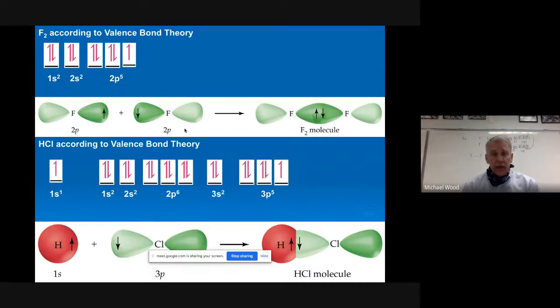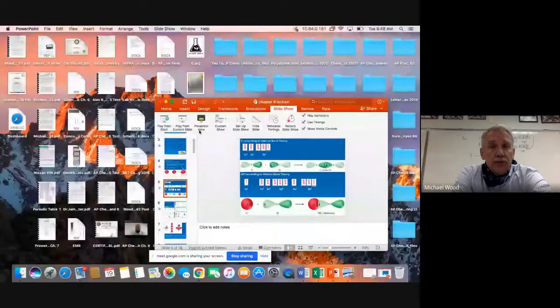But again, orbitals that have one electron, that are half filled, are the ones that are going to bond. And again, the electrons are said to be localized because they fall between the two nuclei. So you can see the diagram there on the bottom.